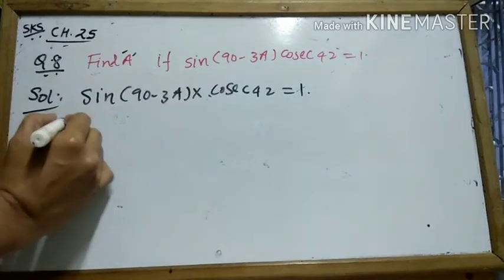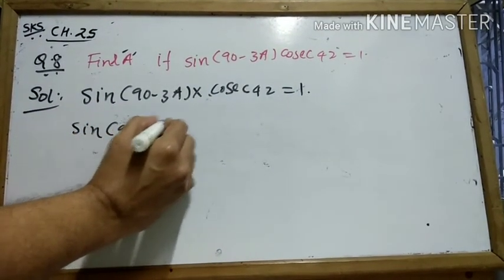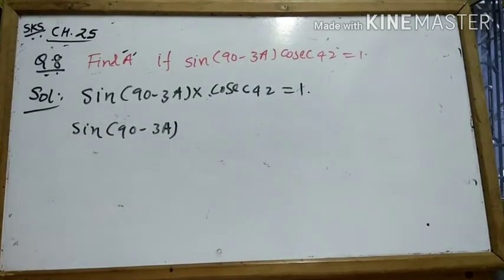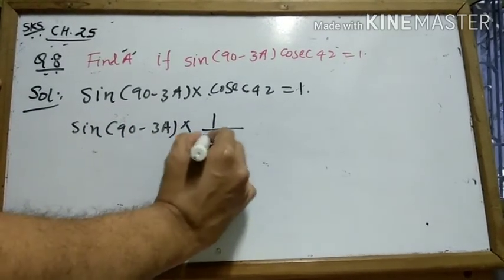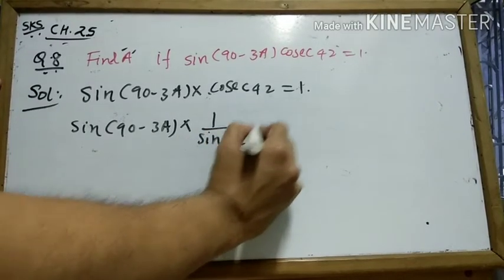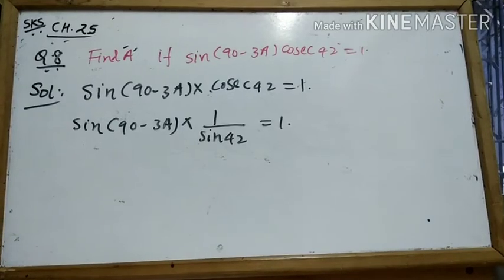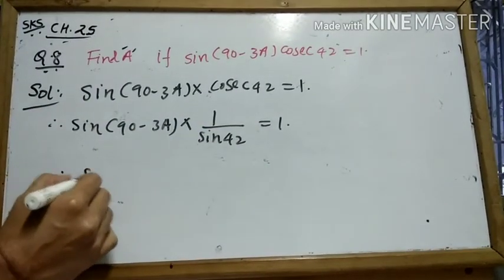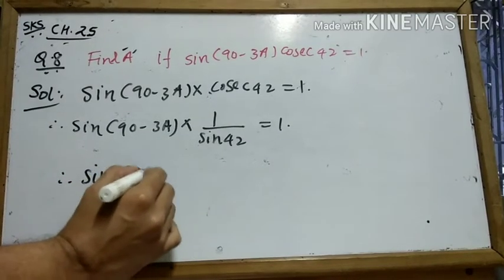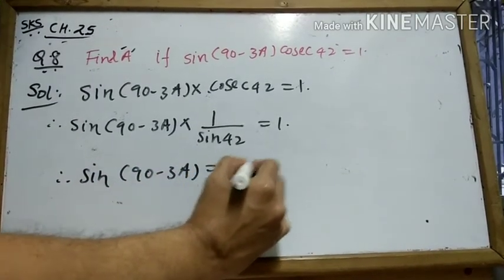Now we know that sine and cosec are multiplicative inverse of each other. So cosec 42 can be written down as 1 upon sine 42, is equal to 1. Now this sine 42, I am taking it on the other side. So sine 90 minus 3A is equal to sine 42.